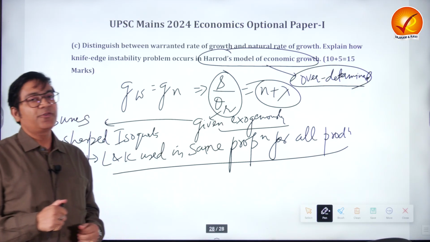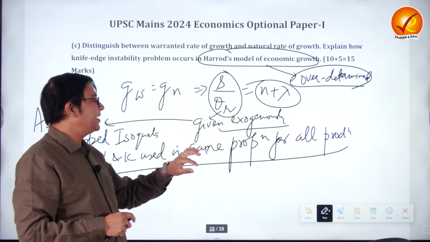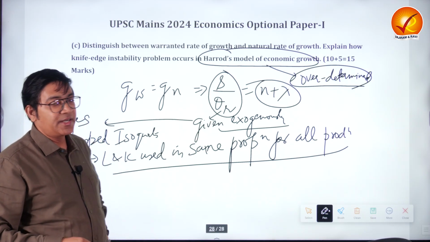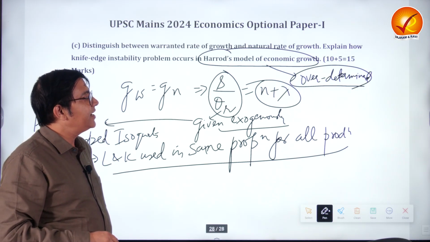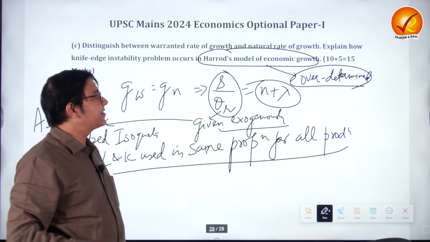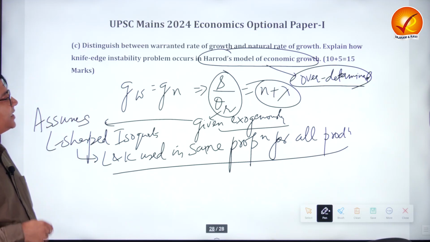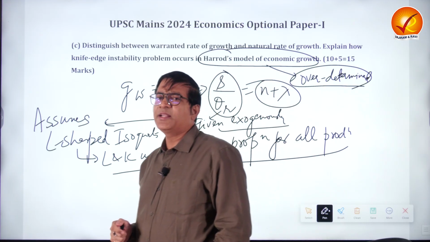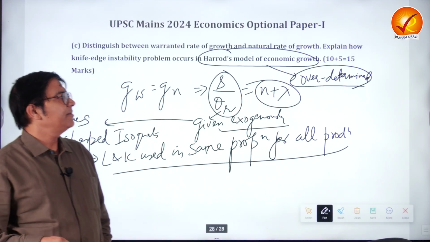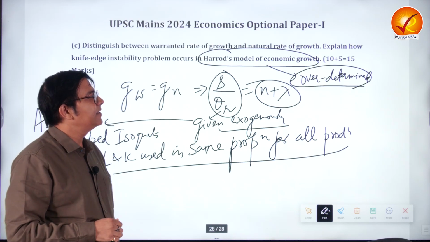And that is how Solow, the neoclassical economist, changed this model, making theta relatively endogenous, and obviously this question is not expecting that to be written, but questions on Solow model are also very common. One question on growth model is actually very common, and maybe two also in this case.